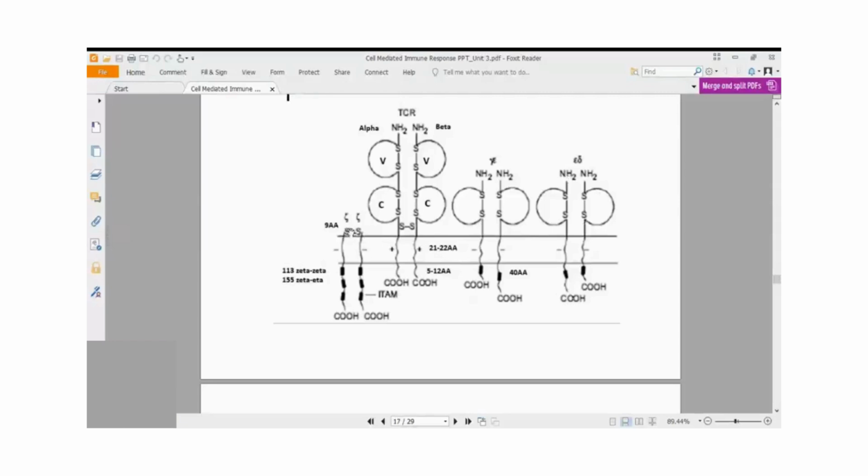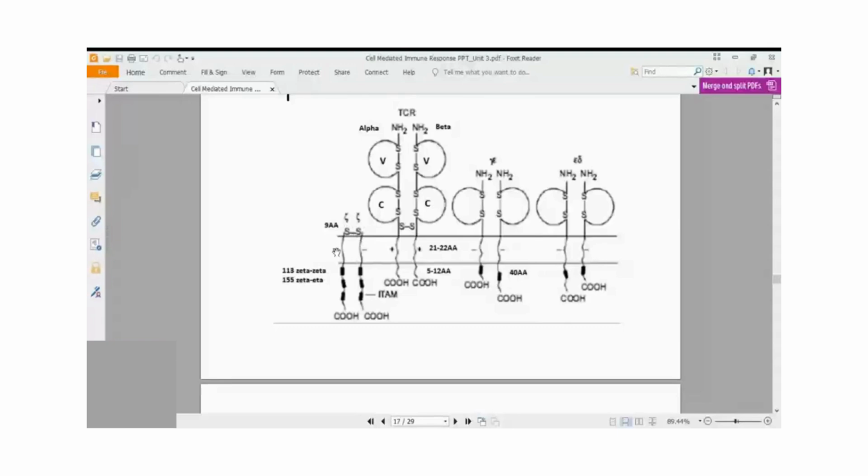And that short chain is made up of the protein chain zeta zeta or zeta eta. Two different molecules can be involved. About 60% of the time it is zeta zeta, and about 40% of the time it is zeta eta. Majority of the time it is a homodimer, that is zeta zeta.